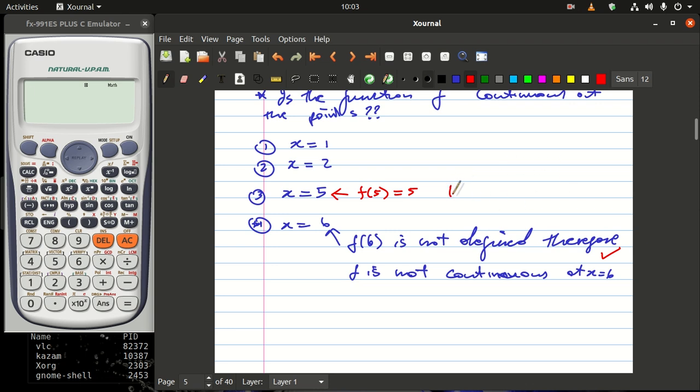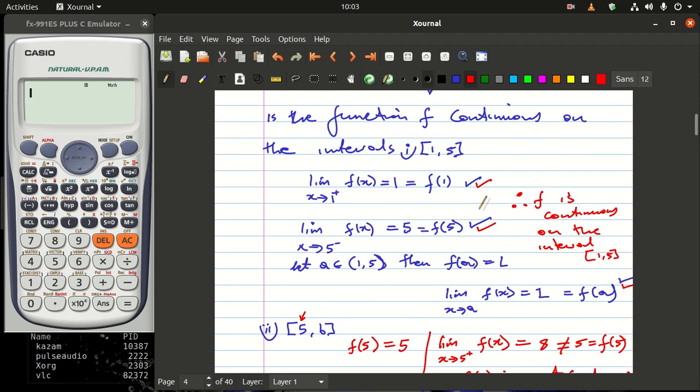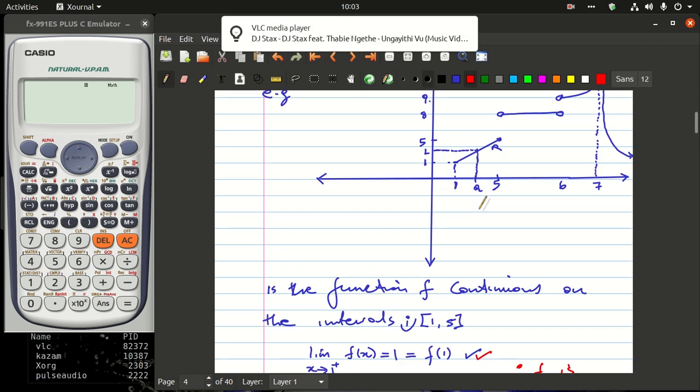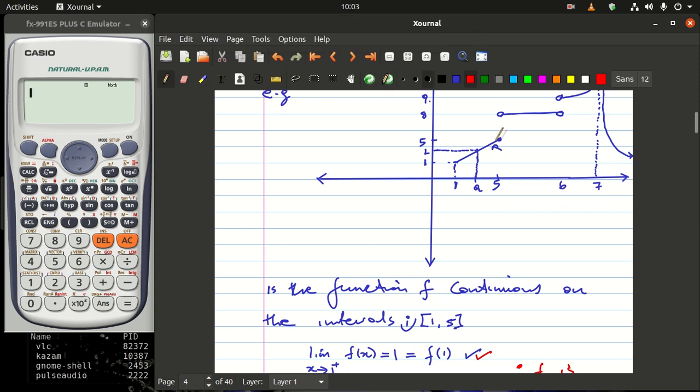But if I am looking at the limit as x approaches 5, what is that limit? I am going to go to the function here because I'm looking at that point. As I'm approaching 5 on the left, the limit is going to be 5.